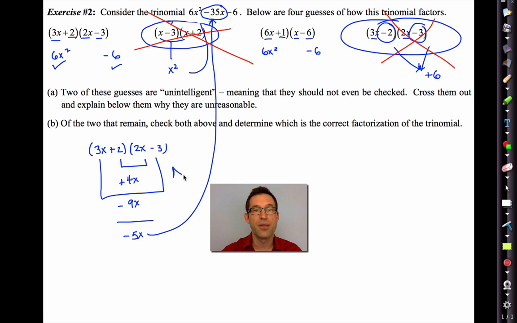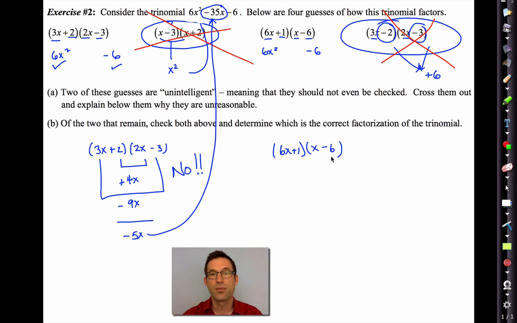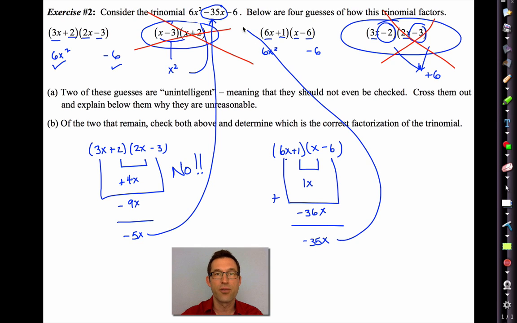And the answer on this one is a resounding no. Let's check this one. 6x plus 1 times x minus 6, right? Here, again, I don't need to check the first and the last. I just have to see if this product, 1x, plus this product, negative 36x, gives me the right answer. Negative 35x, yes.